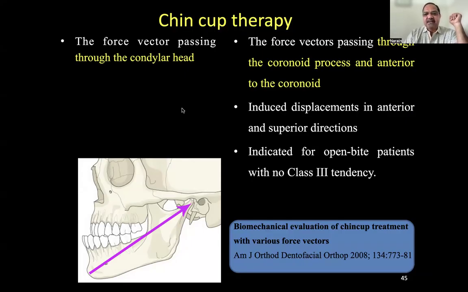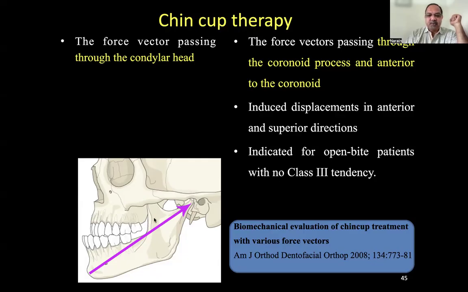You have headgears also where the force vectors pass through the coronoid process, or anterior to the coronoid. In these situations, there is a good control of the vertical growth pattern also.